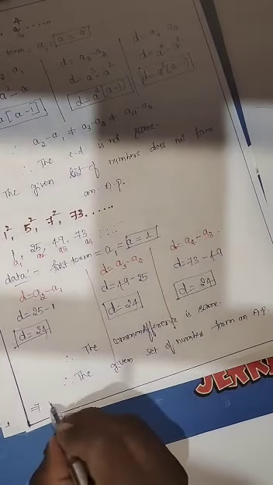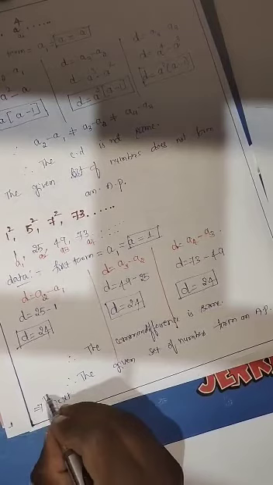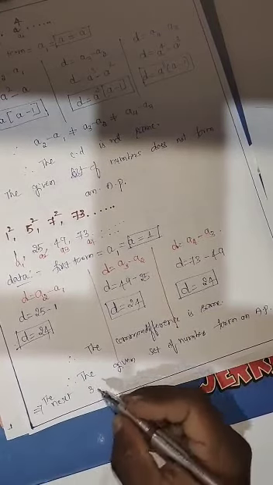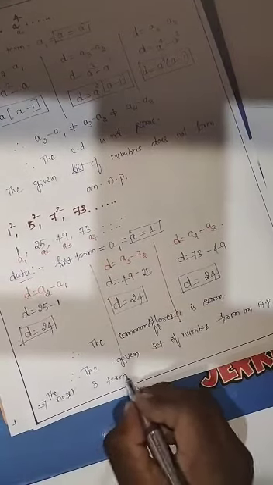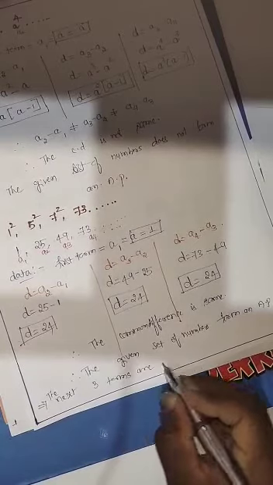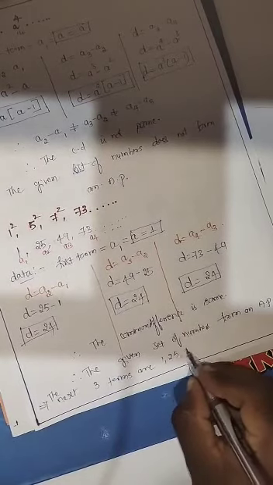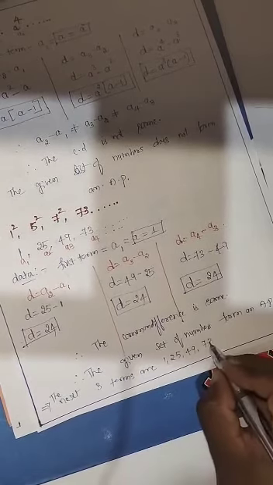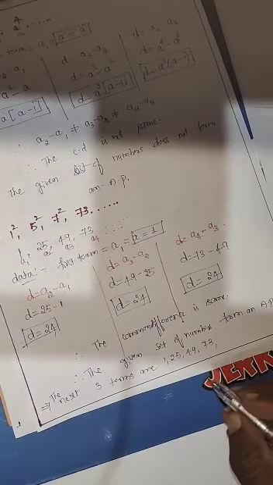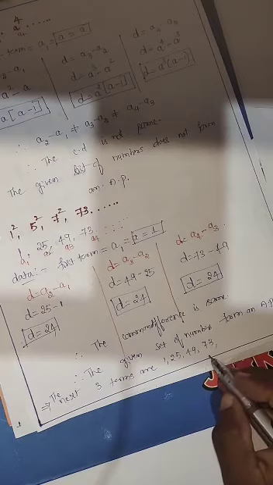And the next three terms of the given sequence are, okay, after 1, 25, 49, 73, we can add 24 to the 73.